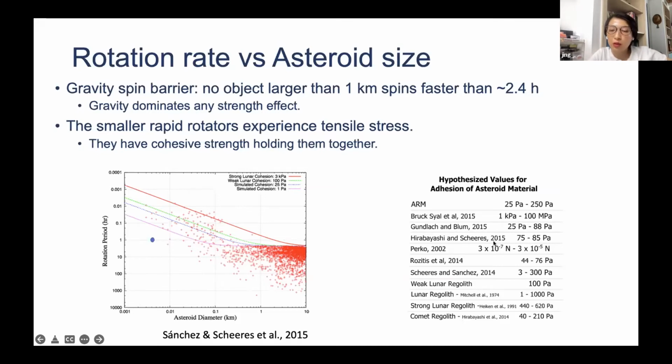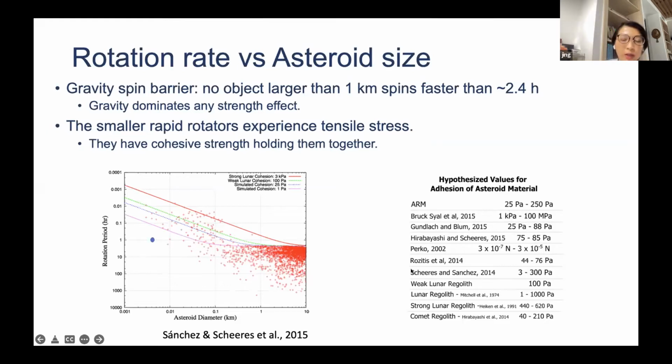A lot of research has studied this cohesion in asteroid material. We have all these numbers here. Weak lunar regolith is 100 Pa, and the value from asteroids is around 100, or a little bit smaller than 100.